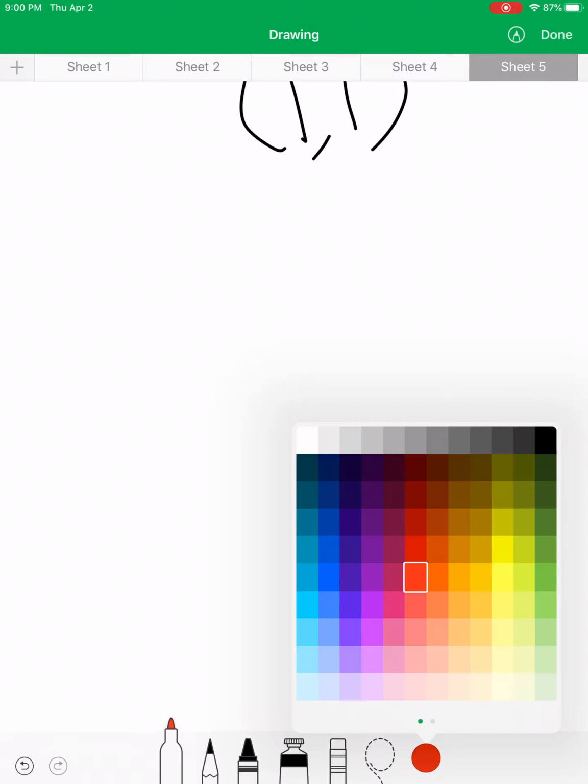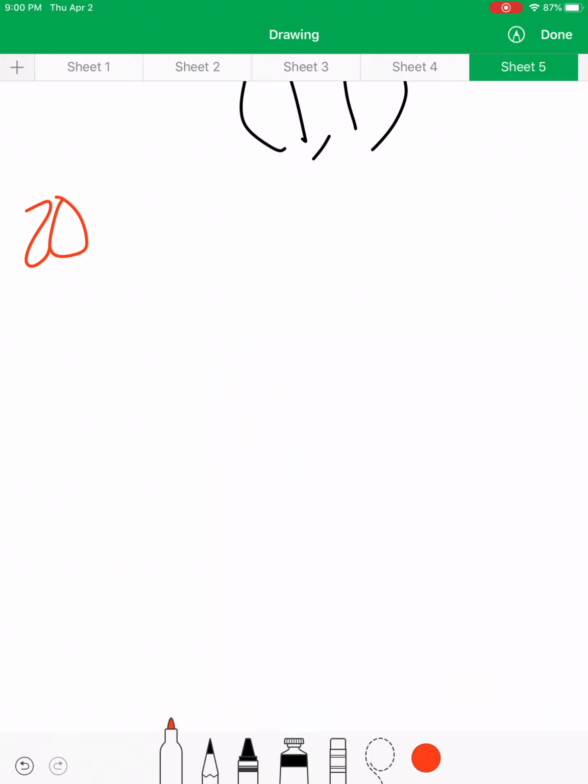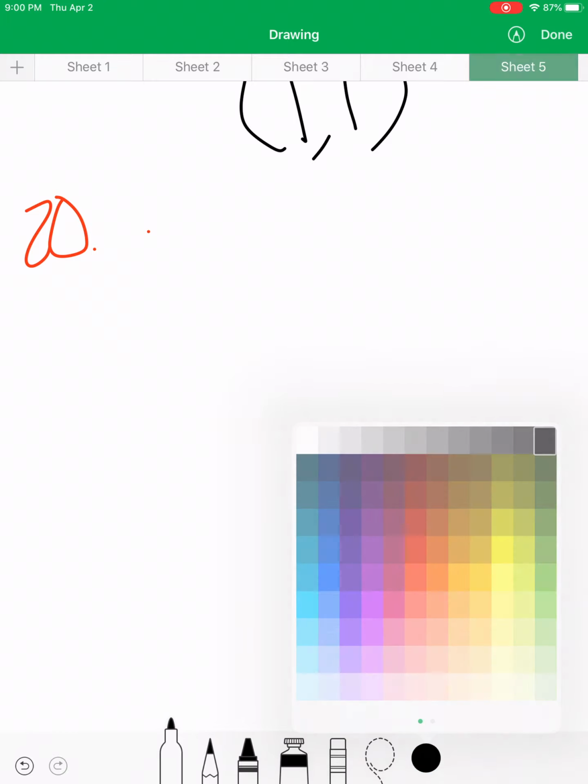All right, last problem, number 20. And this time I remembered to switch back, but it didn't switch. There we go.